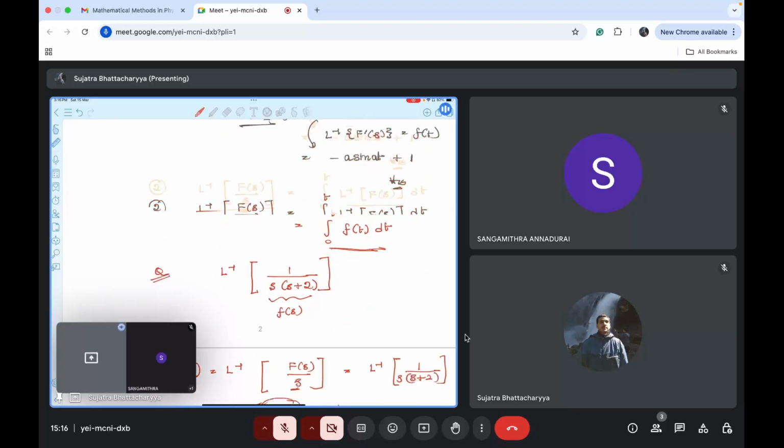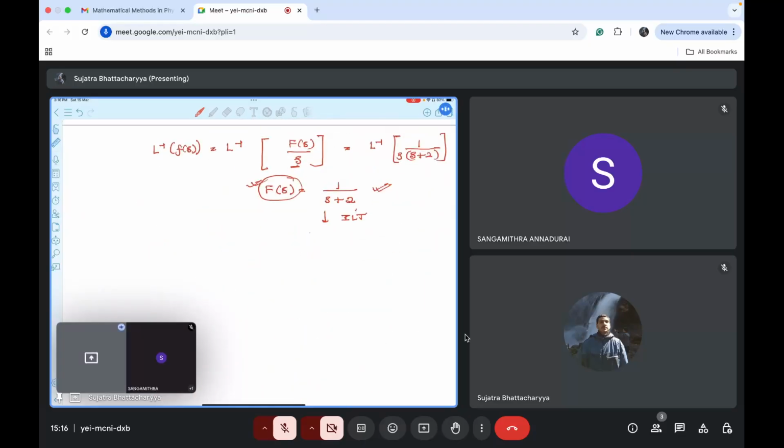So you just go here and write down its inverse Laplace transform, f of t will be equal to e to the power minus 2t. As you can see, there is a plus. If there is a minus, then you have to put it plus. So right now it is e to the power minus 2t as per the inverse Laplace transform of the function.